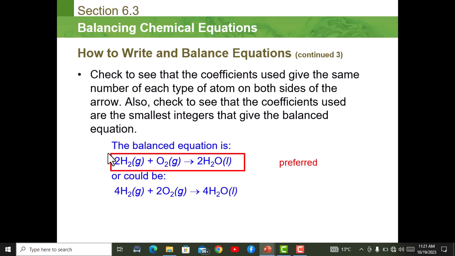If you decide to replace this 2 with 4, we can have 8 hydrogens and 4 oxygens. So when it comes here, you'll have 4 times 2, which is 8 hydrogens and 4 oxygens. Preferred or could be in that way. But remember, when you do it in this way, the number of moles are not the same here. One worthy point to note: the ratio of moles is not the same.